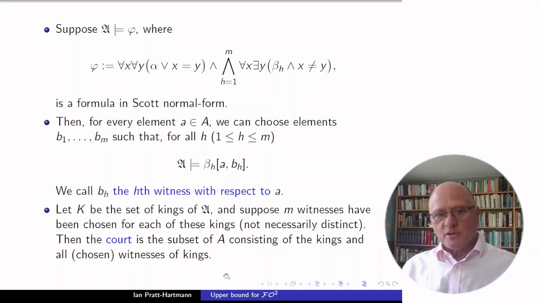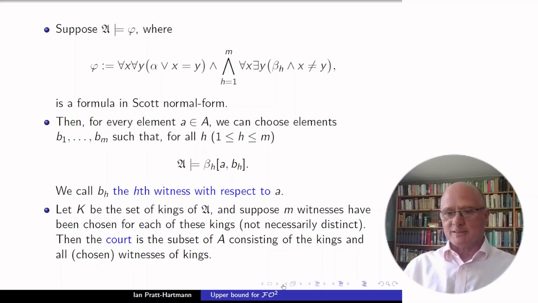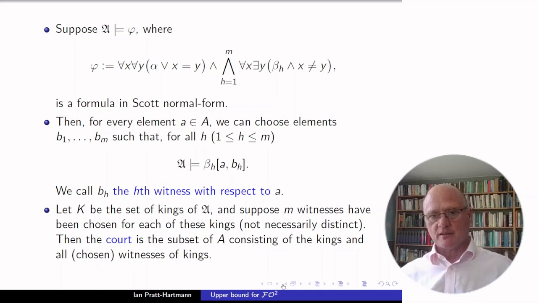We'll say that the court is the subset of the domain consisting of the kings and all their witnesses. There are at most exponentially many kings, and each king has at most M, in other words, linearly many witnesses. Very important idea.